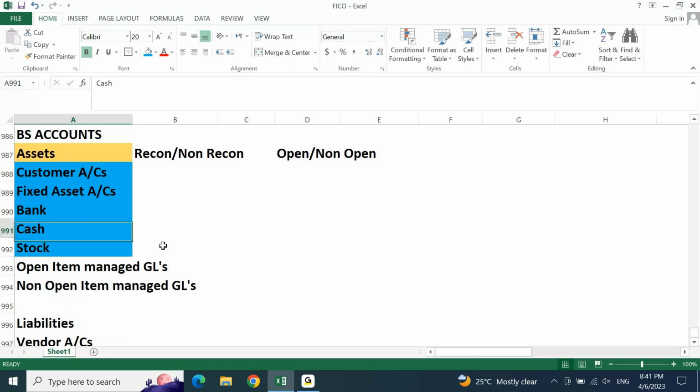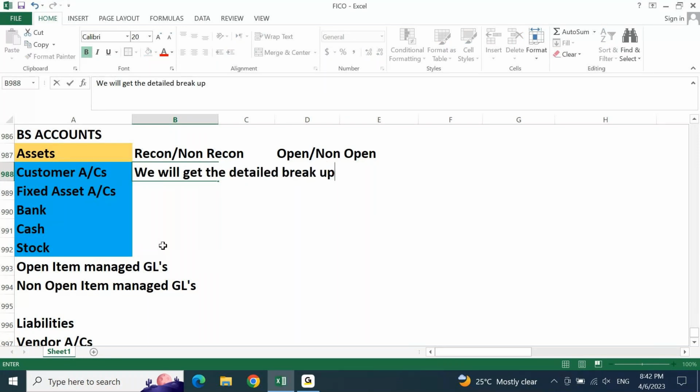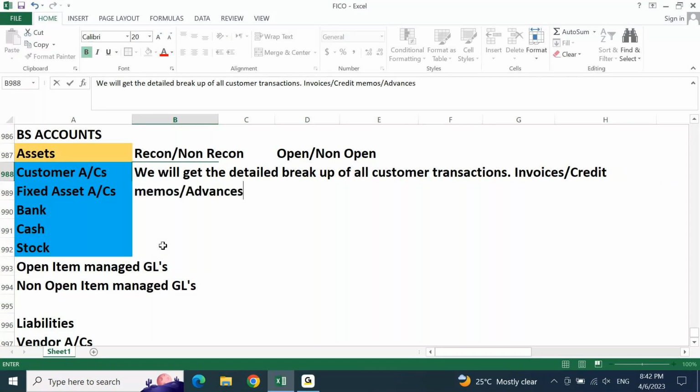Now everybody knows what is a customer account, right? You have to get the list of customers. Here we will get the detailed breakup of all customer transactions, like your invoices, credit memos, advances, open payments.